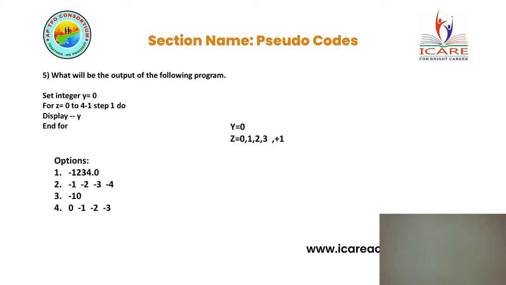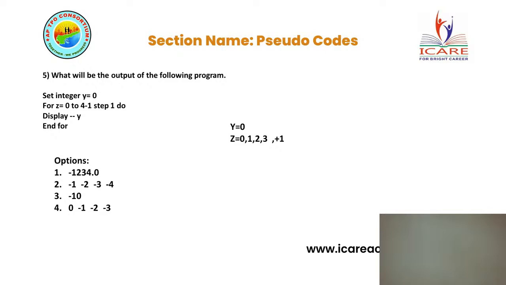In programming, as a program functionality, we consider stop minus 1. If they have mentioned 3, we will take up to 2. But in the pseudocode, the number is inclusive, not exclusive. So 0 to 3 means the z values are 0, 1, 2 and 3.